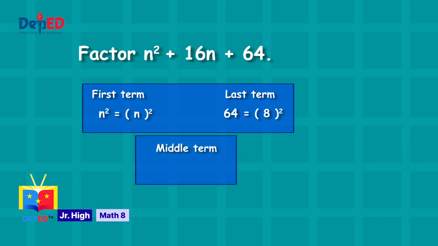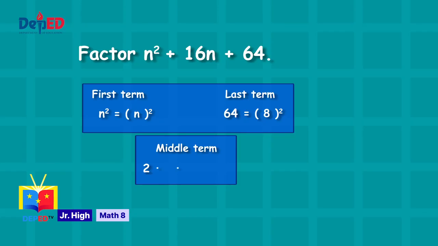Next is we get twice the product of the expressions and check if it is equal to the middle term of the polynomial. What is 2 times n times 8? It is 16n. And it is the same as the middle term of the polynomial.